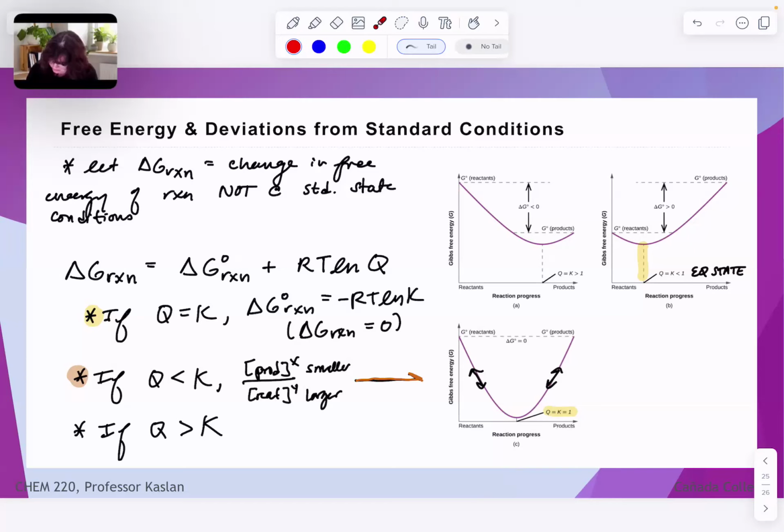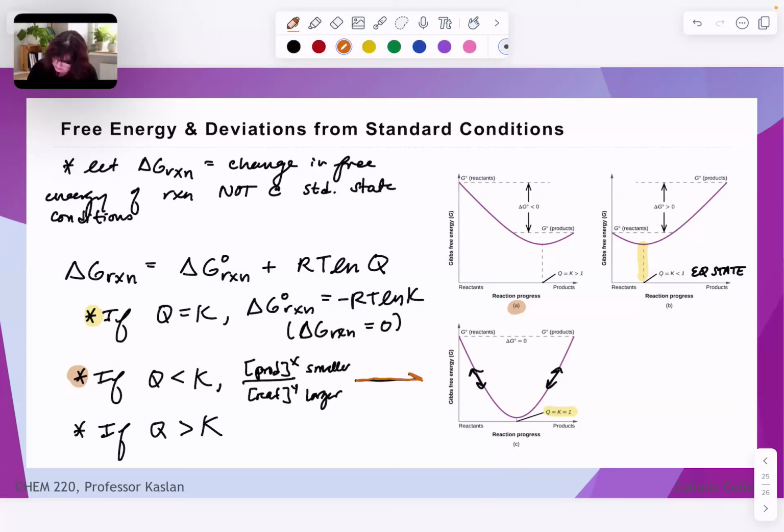So that means that we need to take free energy away from the products and go back to forming reactants. So if we've got delta G product smaller, that means delta G reactant has to be bigger here. It would be this graph here.